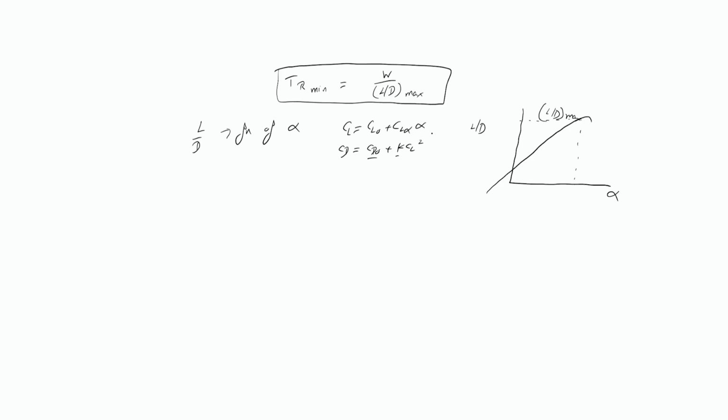Now for conventional subsonic aircraft, the alpha at which L by D is maximum is from 2 degrees to 5 degrees.